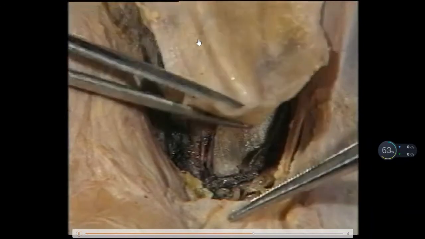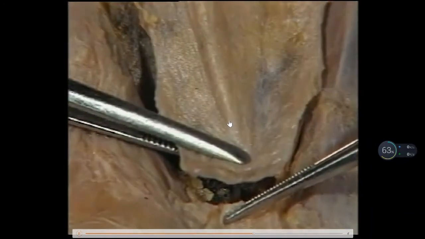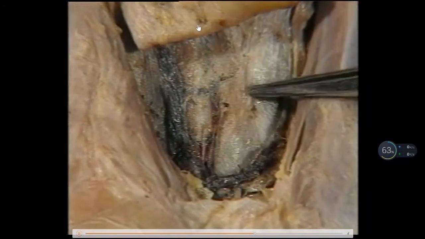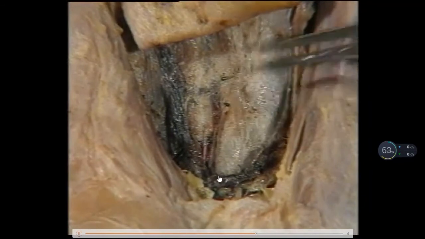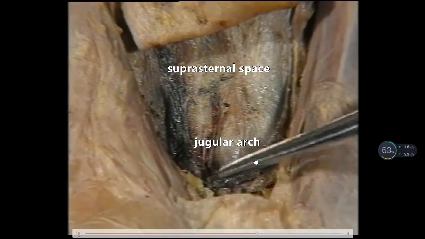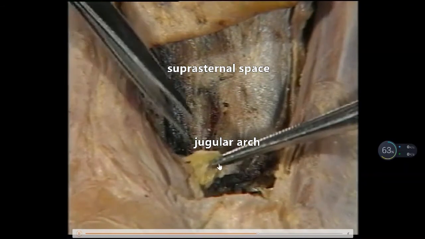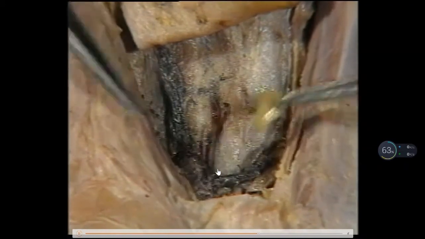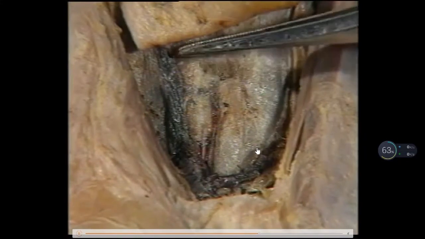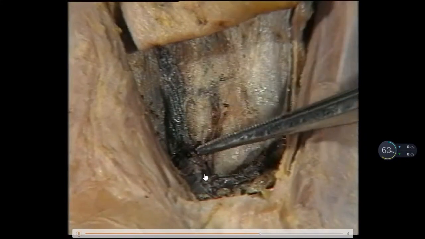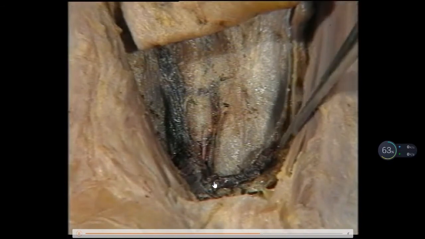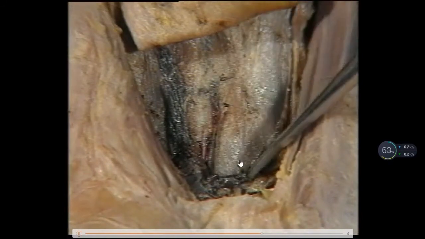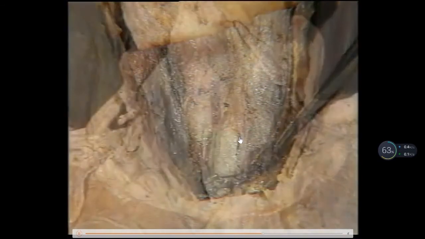Deep to the anterior layer, you can see here the anterior layer, then here is the posterior layer. Both are enveloping fascia. Between them is a space. The space name is the suprasternal space. Inside the space, some fat tissue here, and this arch, the jugular arch, between the 2 anterior jugular veins. This is the contents of the suprasternal space.